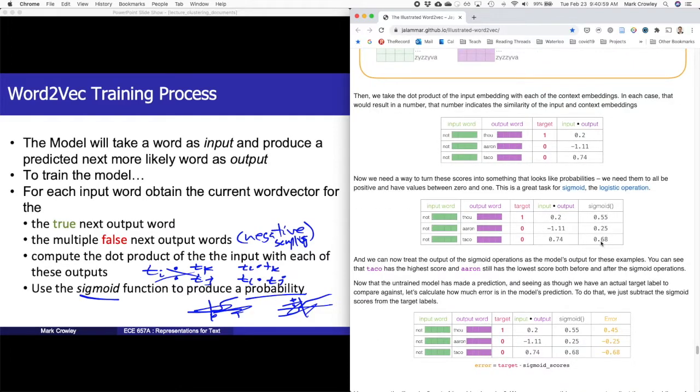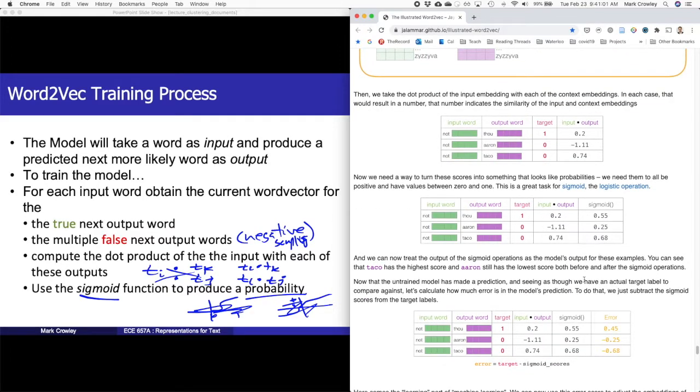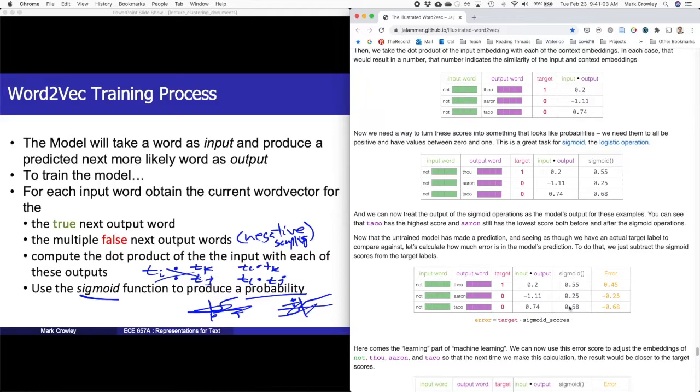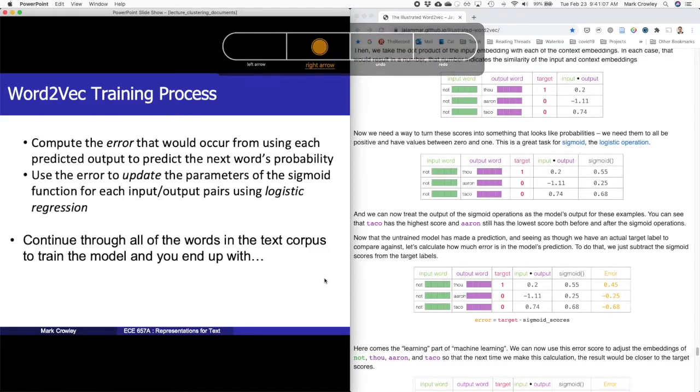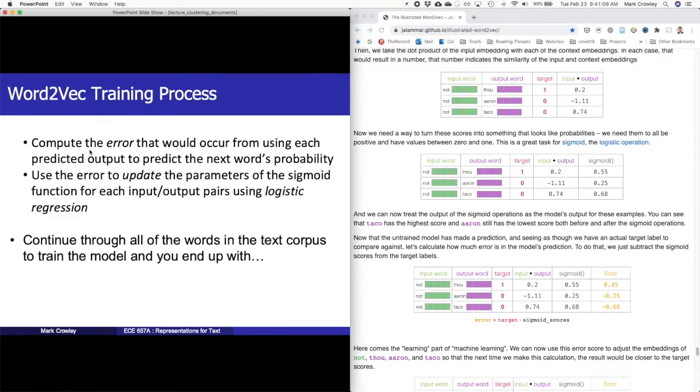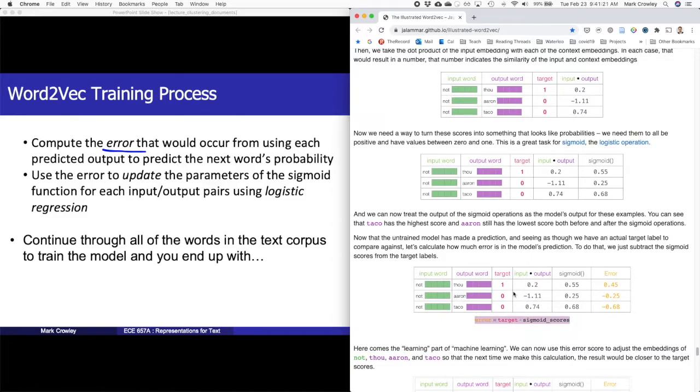So once you've got these probabilities, what we're treating like probabilities, you now compute the error, right? So we take the difference between, I think I have that on my next slide, yeah. We're going to compute the error, so how well did each one do or not, just by subtracting the true value.